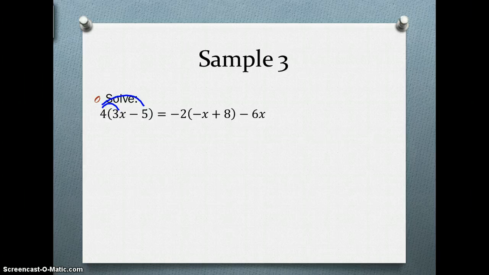That means I need to distribute on the left side. I get 12x minus 20 is equal to, I'm going to have to distribute again. Negative 2 times negative x is positive 2x minus 16 minus 6x.